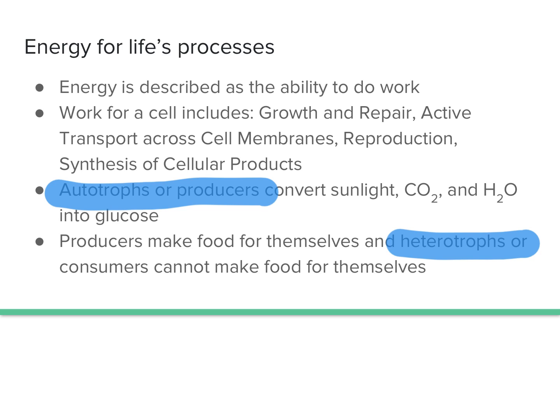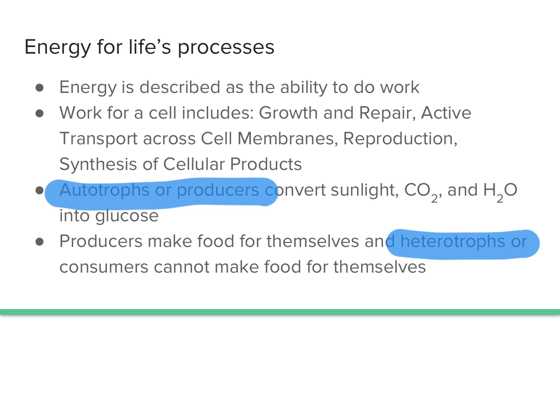We have organisms called autotrophs, or producers, that convert sunlight, carbon dioxide, and water into glucose. Producers can make food for themselves. However, when we were talking about cellular respiration, we were talking at first about just heterotrophs, or consumers, somebody like you and me, who cannot make food for ourselves.